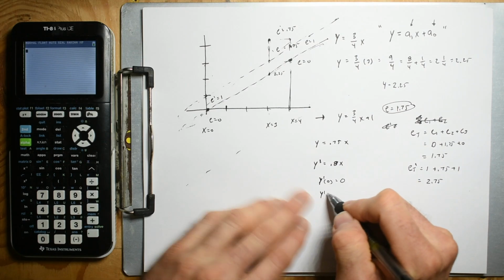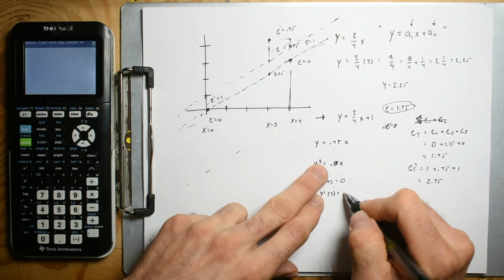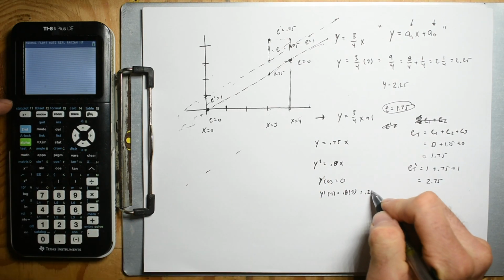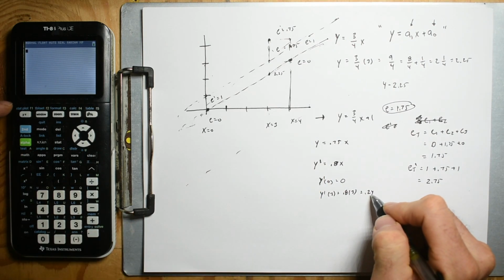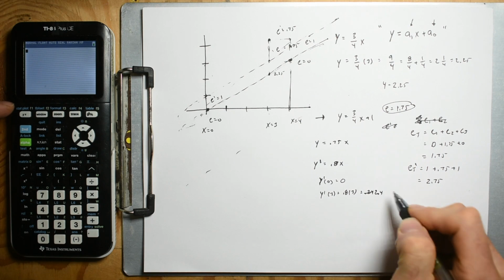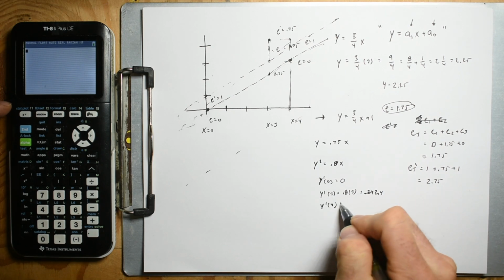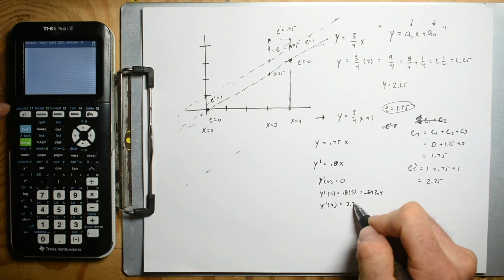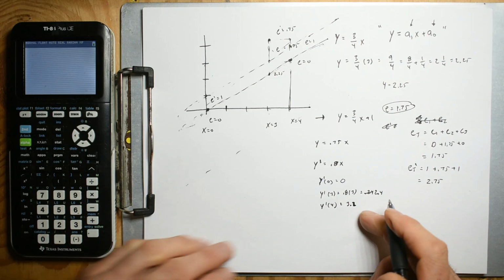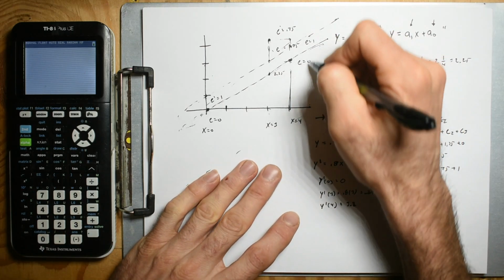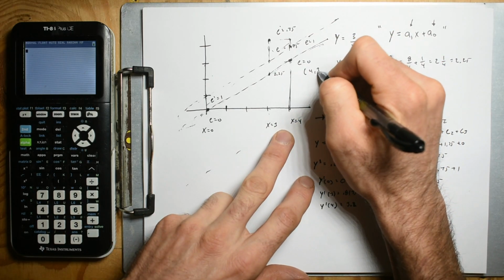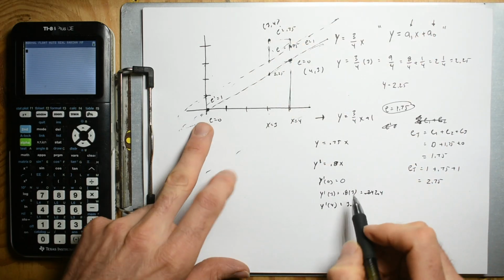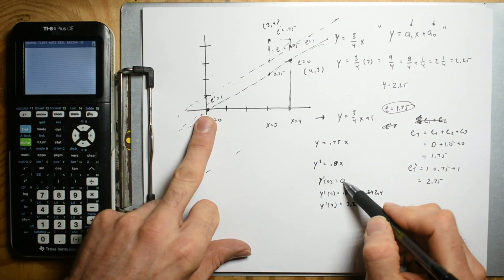So that one is 0, x equals 3 is going to be 0.8 times 3, which is 2.4. And then times 4 is going to be, 4 times 8 is 32, 3.2. And our values are 4, 3, and then 3, 4. So our error here is a difference of 0.